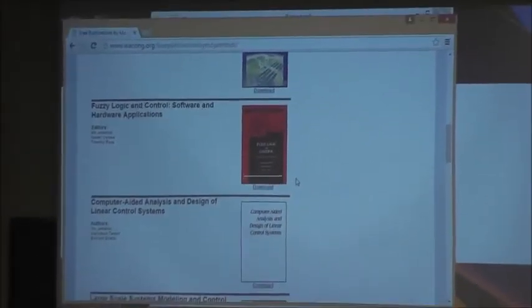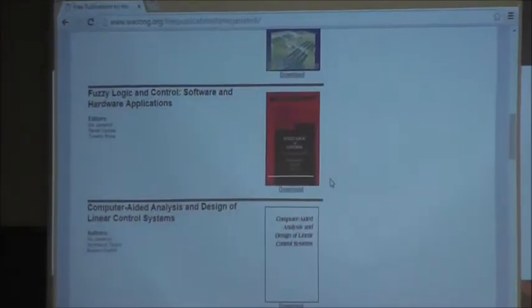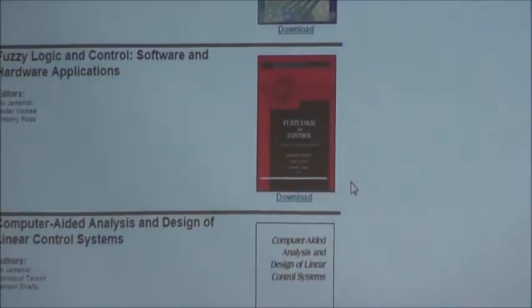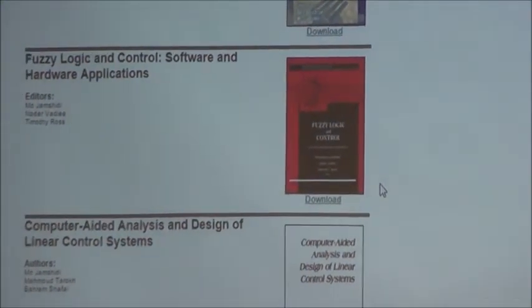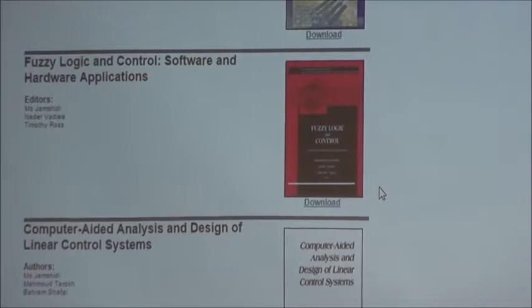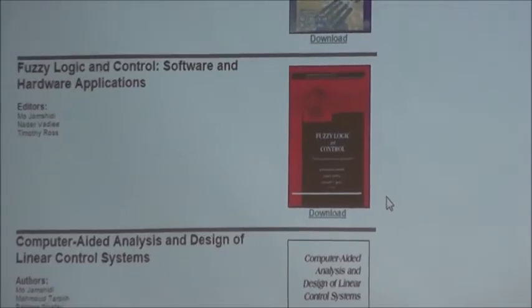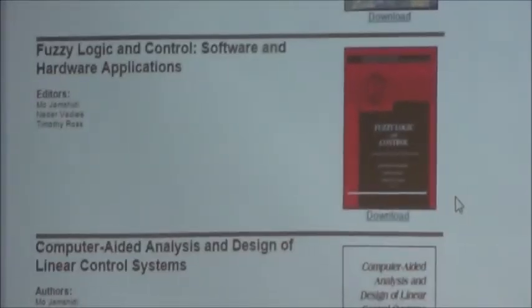So this particular book that you see here actually has more chapters. It has a raisin control in manufacturing plant. It has a pattern recognition chapter using fuzzy logic. Okay.